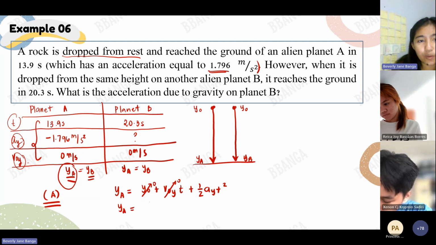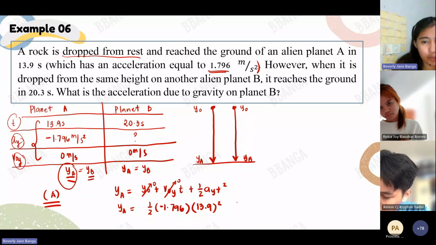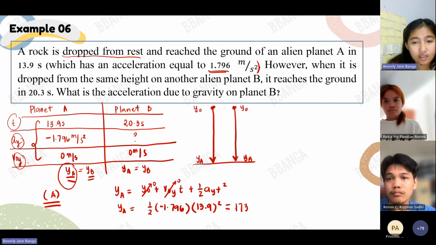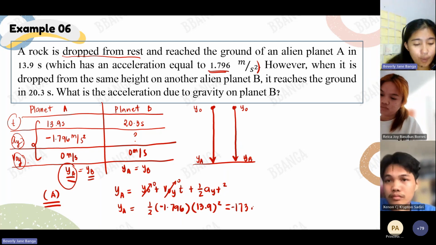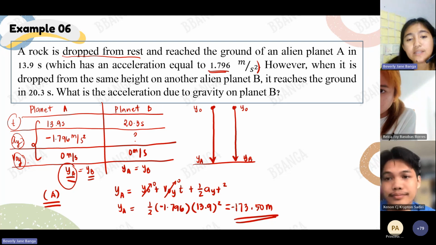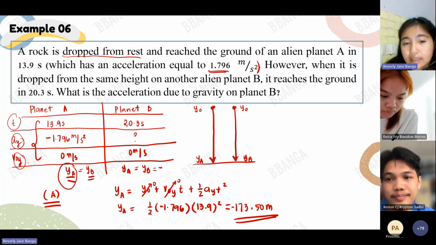So I am left with 1/2 negative 1.796 and yung time ko is 13.9 seconds squared. So from here, ang makukuha nating height is 0.5 times 1.796 times 13.9 squared. So this will give us a height that is negative 173.50 meters. So, ibig sabihin, ito rin yung height kay planet B natin, negative 173.50 meters.